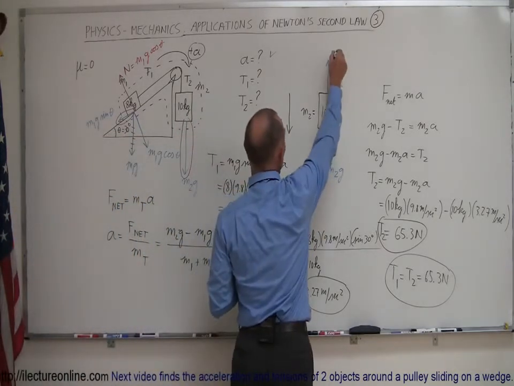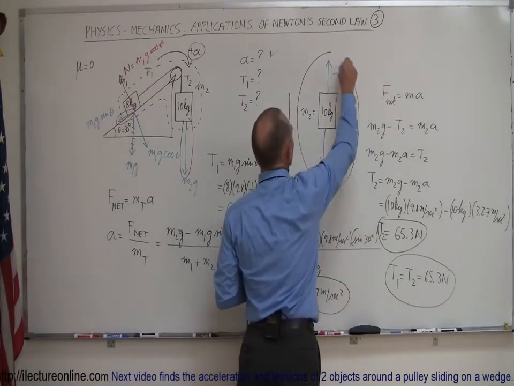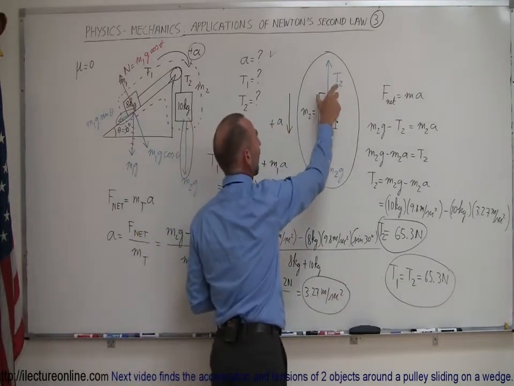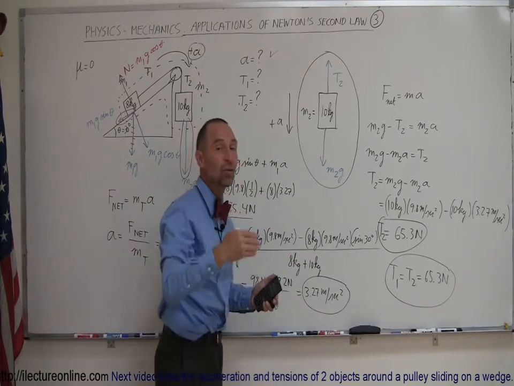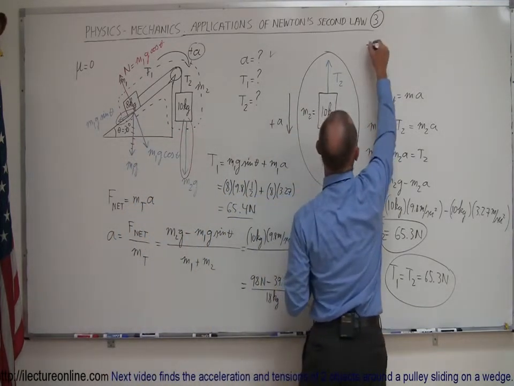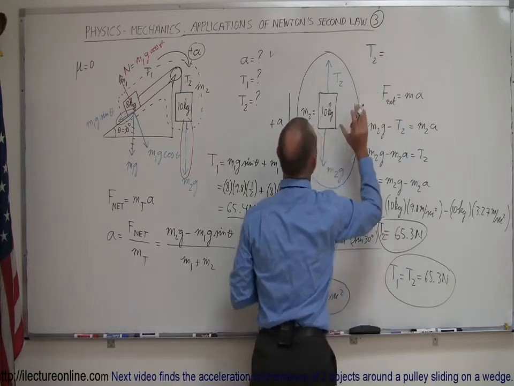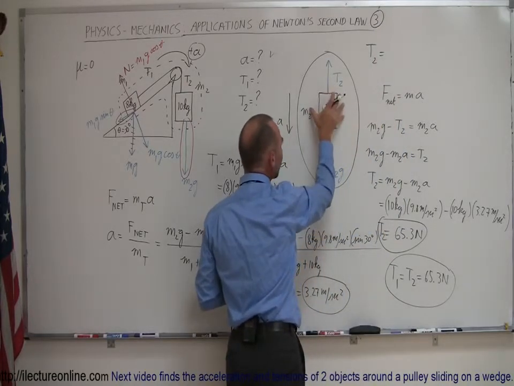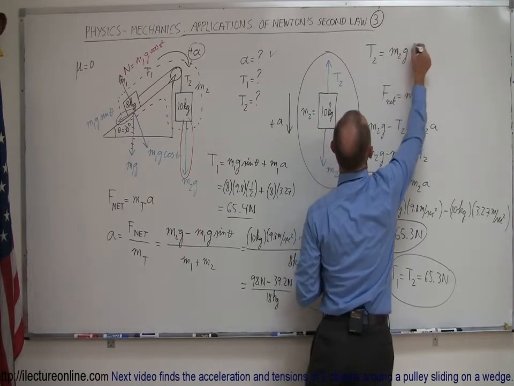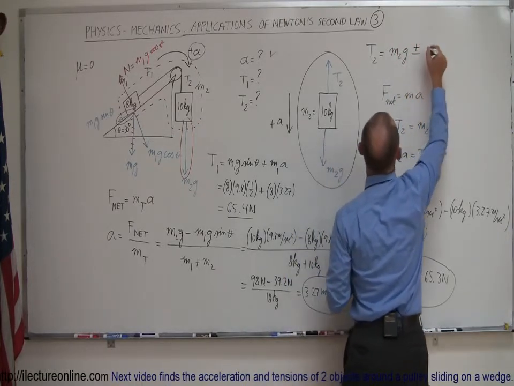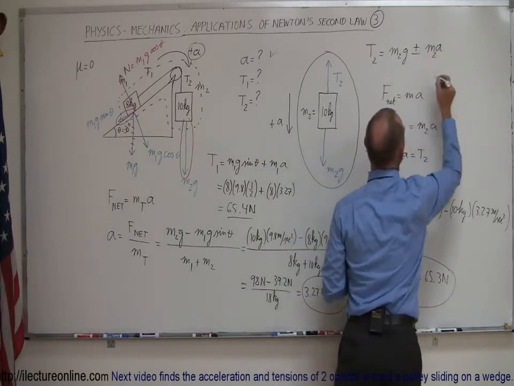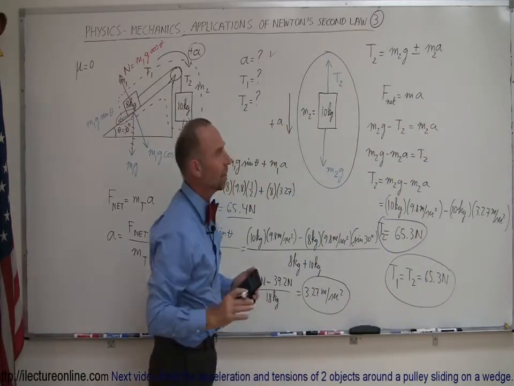Now, one more thing. Coming back over here and looking at this situation right here, an easy way to figure out the tension in a string that has something suspended from it, which may or may not be accelerating, is that the tension, in this case T2, is always going to be equal to the weight of this object, which is, in this case, m2g, plus or minus the force required to accelerate it, m2a. Now, I said plus or minus.